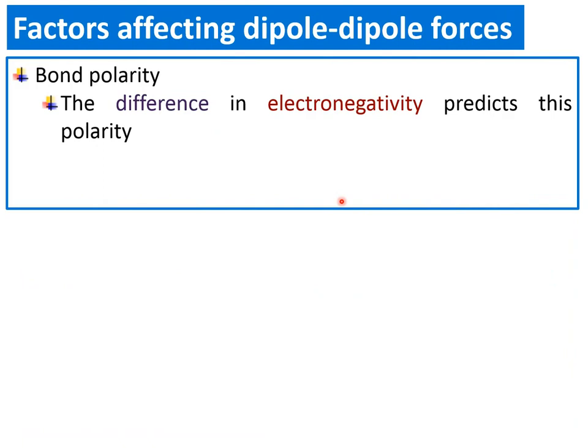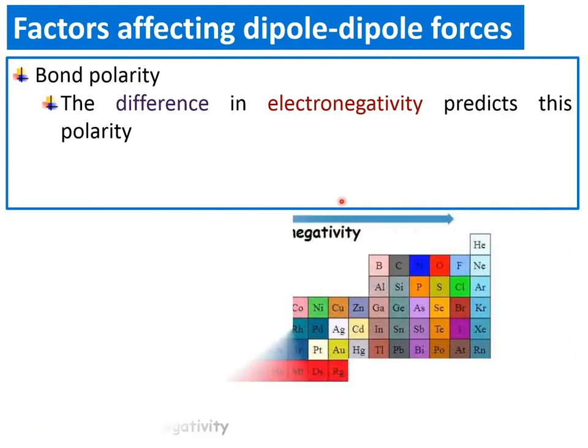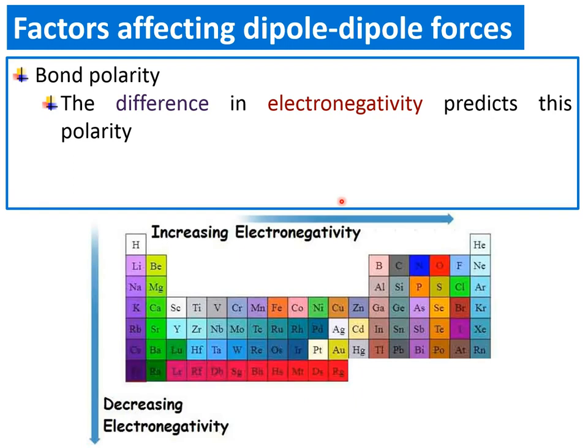When the difference is huge, the dipole moment increases and the attraction forces increase. You can get an idea about electronegativity from this table: it decreases down the group and increases across the series.